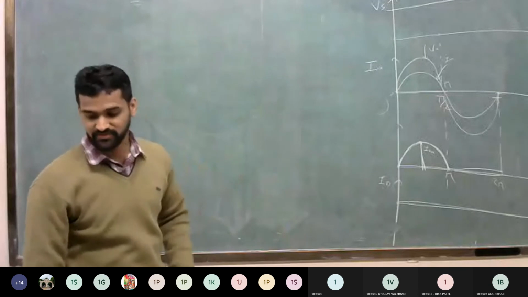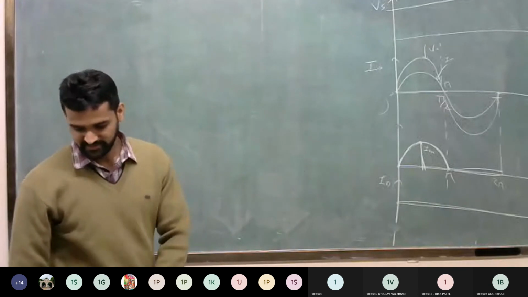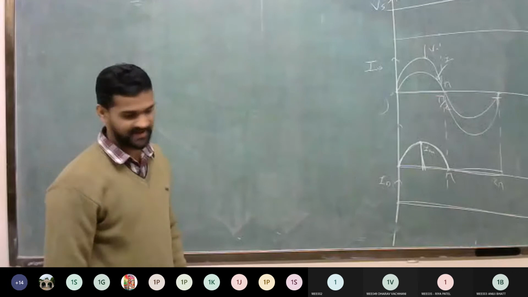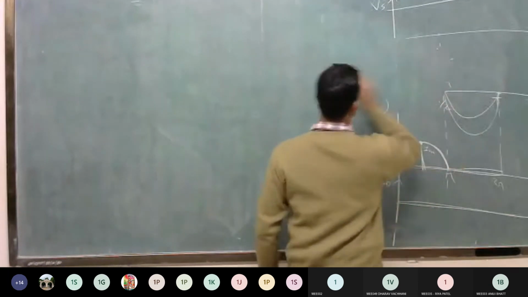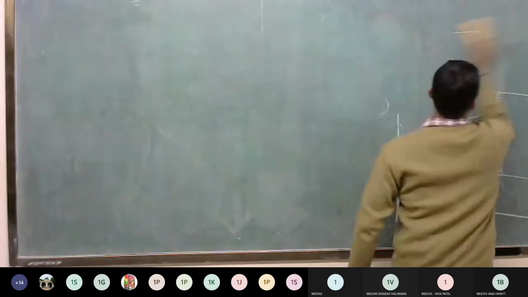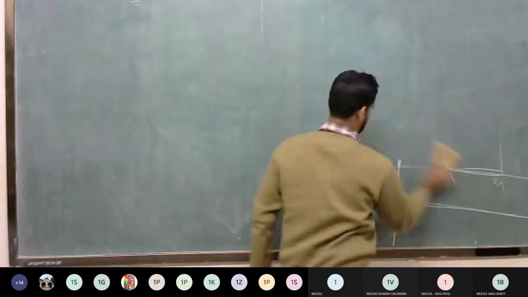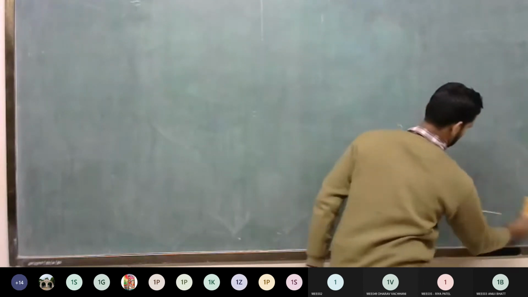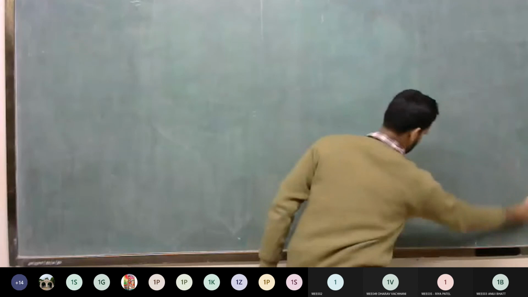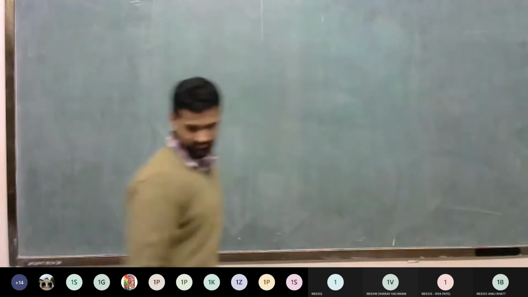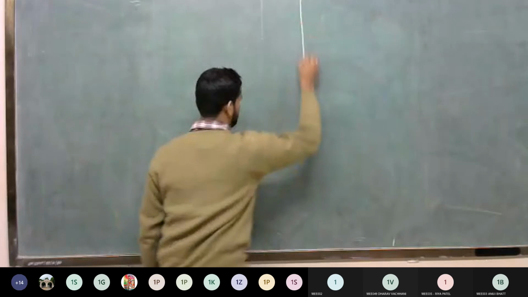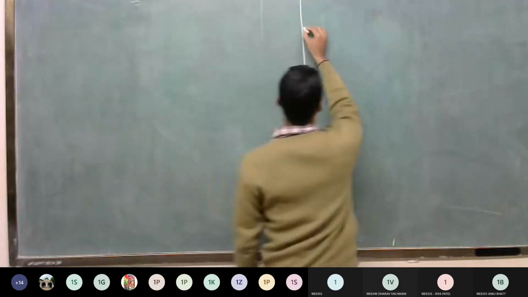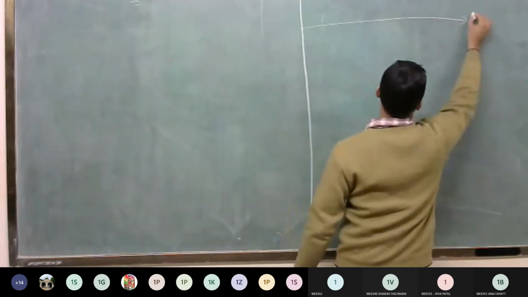Now it is the RLC load. Here, XL is given and XC is given. Before calculating the value of RMS thyristor current, draw the waveform so that you can easily understand.